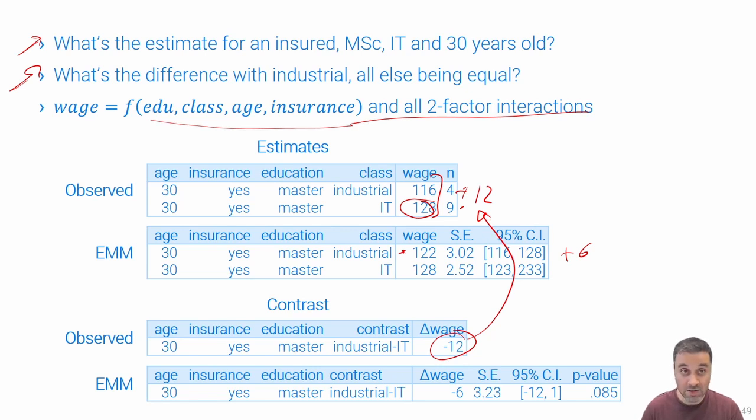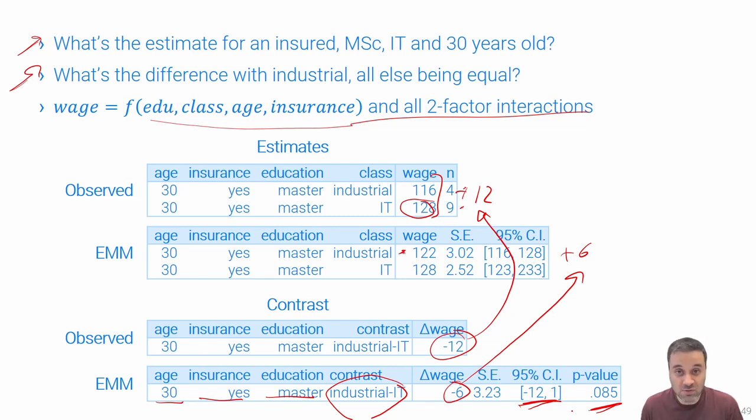But now, thanks to these estimated marginal means, we can look into the contrast. In this setting, 30 years old, insurance, master, we can look into the contrast industrial versus IT. And the difference would be this 6 that we saw over here, but now we have a confidence interval for their difference, and we have a p-value.